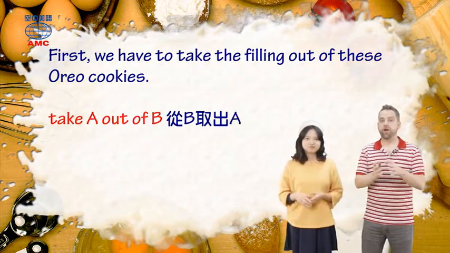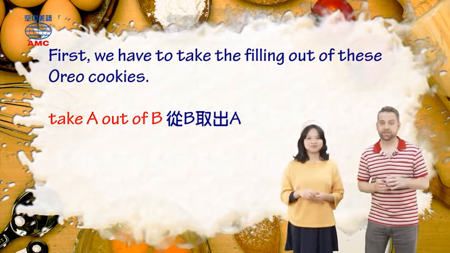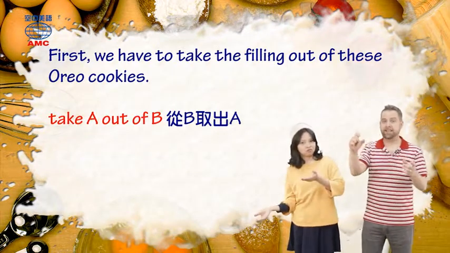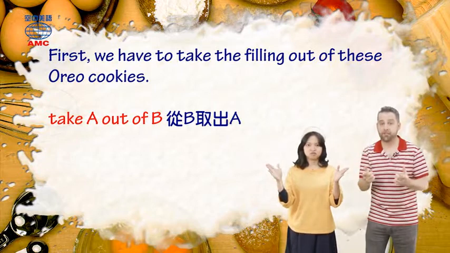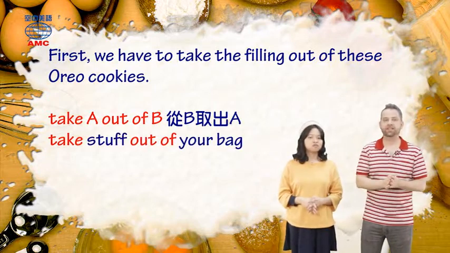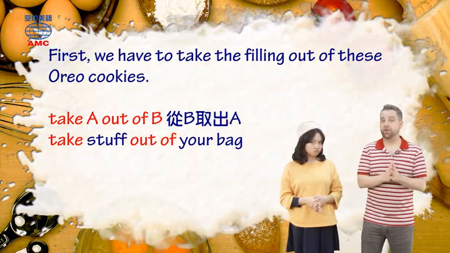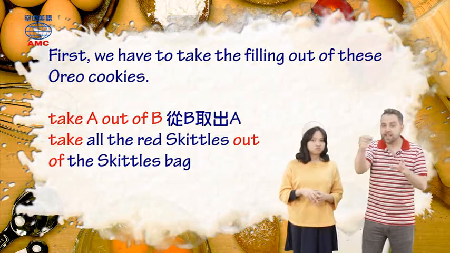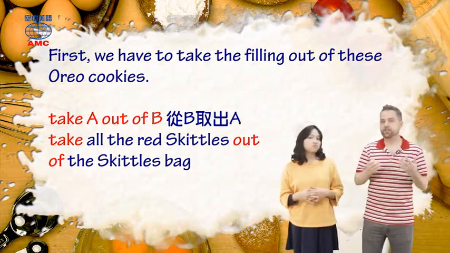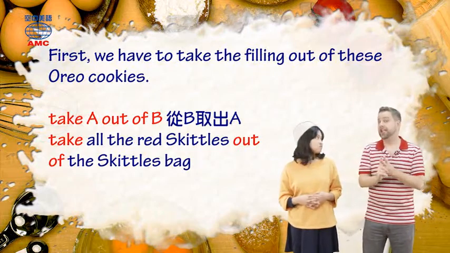So if you take one thing out of something else, you remove that thing so it is now separate. Like taking stuff out of your bag or taking all the red Skittles out of the Skittles bag so you can eat them first or maybe last.